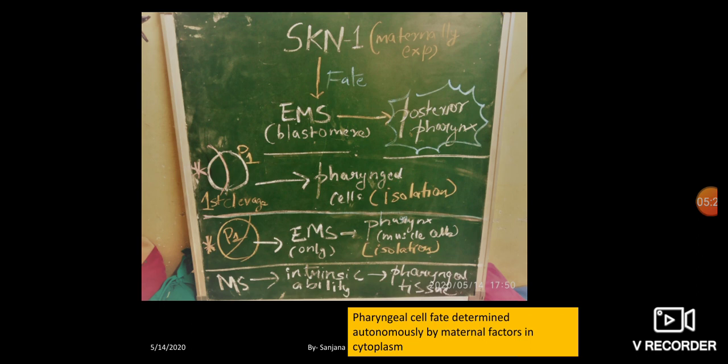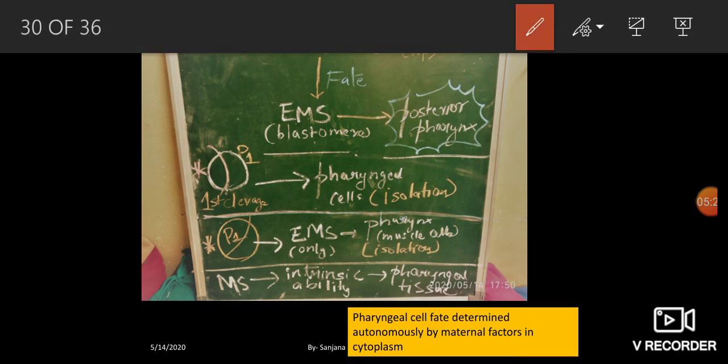After the first cleavage, as you can see here, only the posterior P1 cell blastomere has the ability to form the pharyngeal cells in isolation. Again after that, the P1 cell will divide.